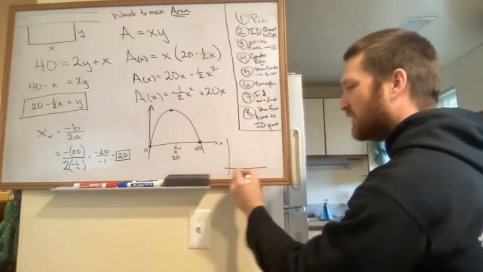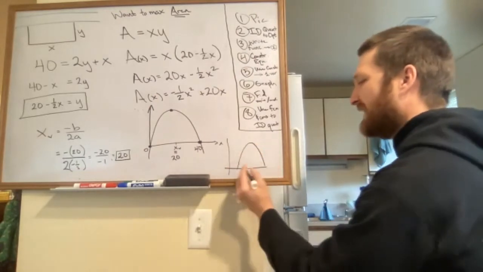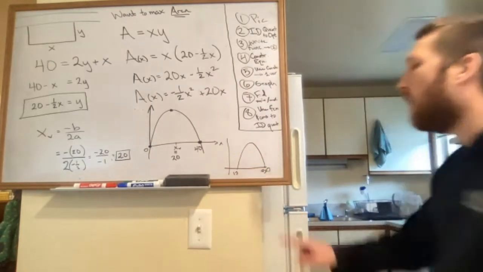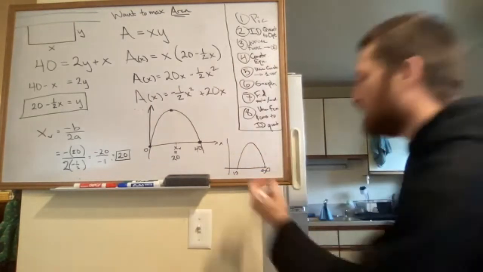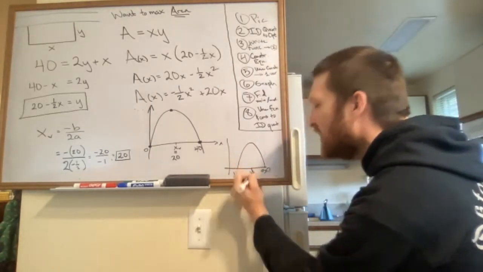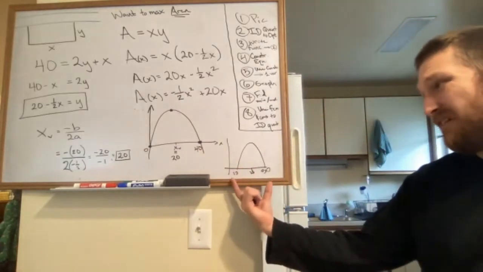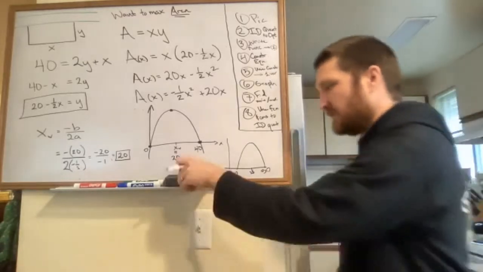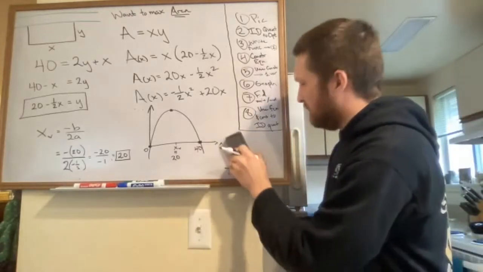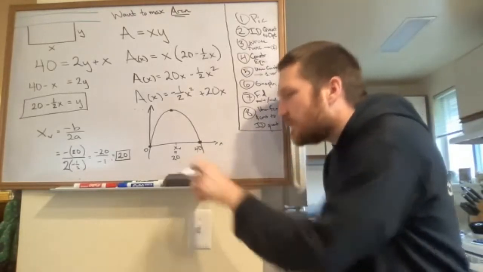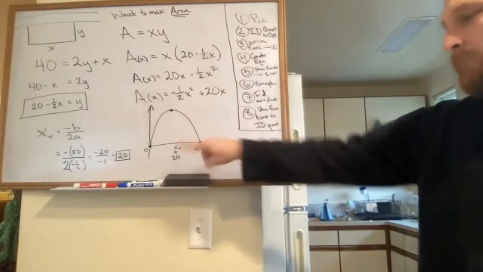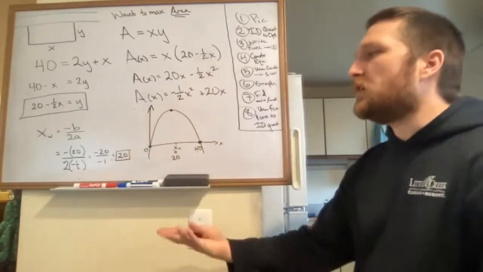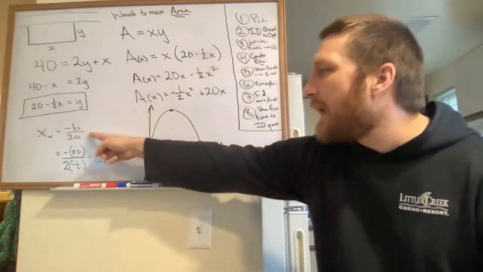And if it were, say, shifted over to 10 and 50, you go, oh, half of 50 is 25, so it has to be here at 25. No, well, it's halfway between 10 and 50. It's not 25, it would have to be 30. It happens to be in this case that it's half of that number, but it's always halfway between these guys, which, what do you know, is that bad boy right there.